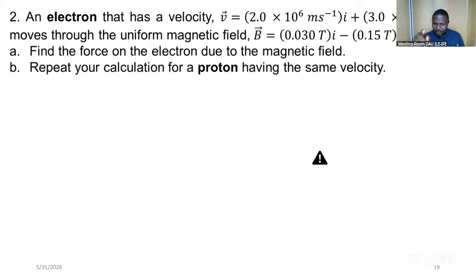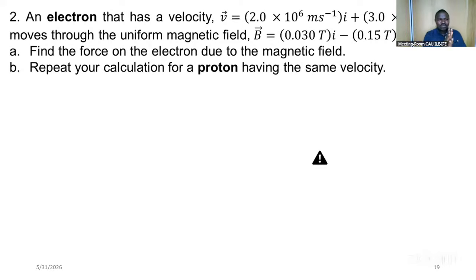May I teach you one simple trick? If the velocity is on both x and y, and B is on both x and y as well, then the answer we are going to get is going to be on the z component.